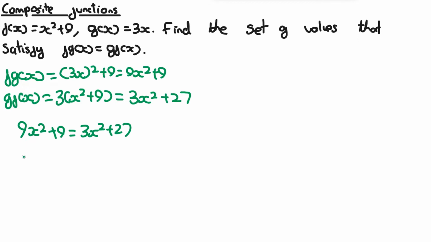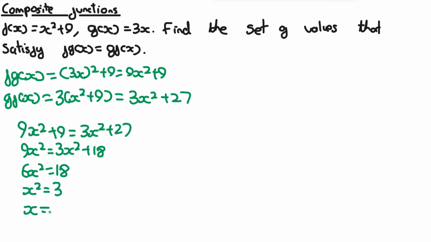Move the 9 onto the other side to do 9x squared is equal to 3x squared plus 18, and then move the 3x squared onto the other side to do 6x squared is equal to 18, and divide both sides by 6 to get x squared is equal to 3. So therefore x is going to be equal to the square root of 3, so it's going to be plus or minus root 3. So those are the two values of x that satisfy the equation, when x is equal to plus or minus root 3.